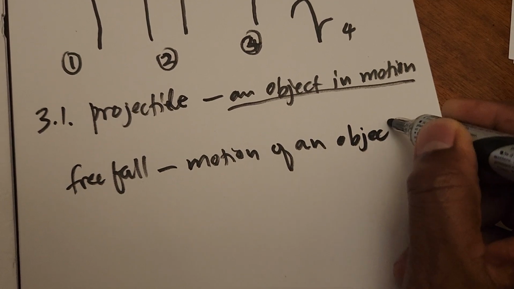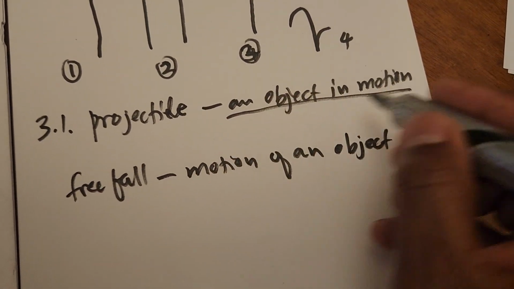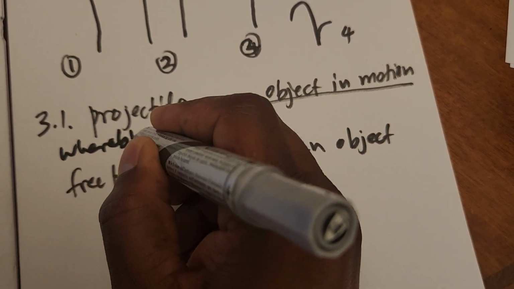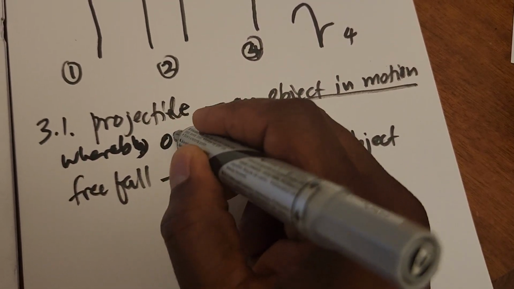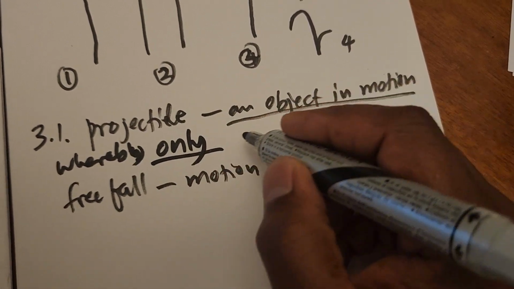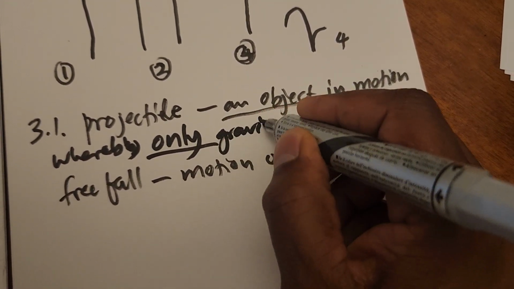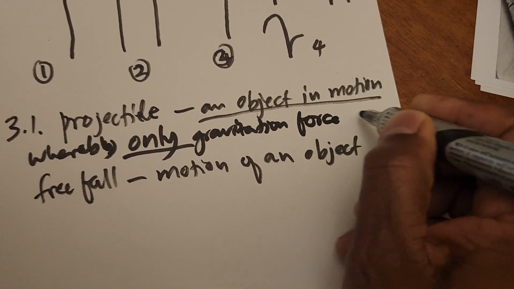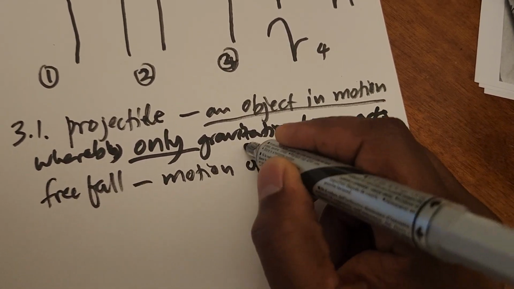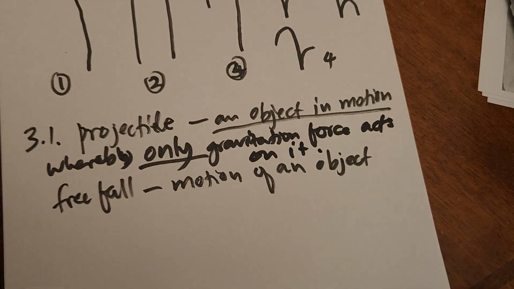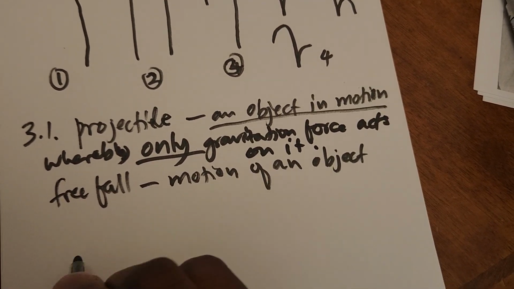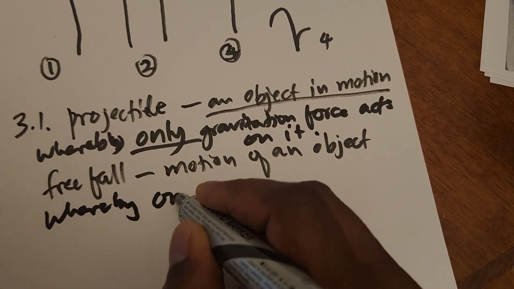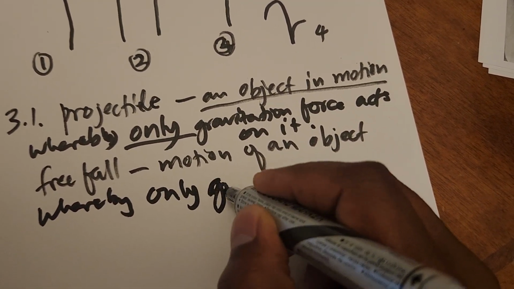The last part is the same. This one will be in which or whereby only, the word only should be there, is a mark, only gravitational force acts on it. So this one will be a motion of an object whereby, again, only gravitational force acts on it.